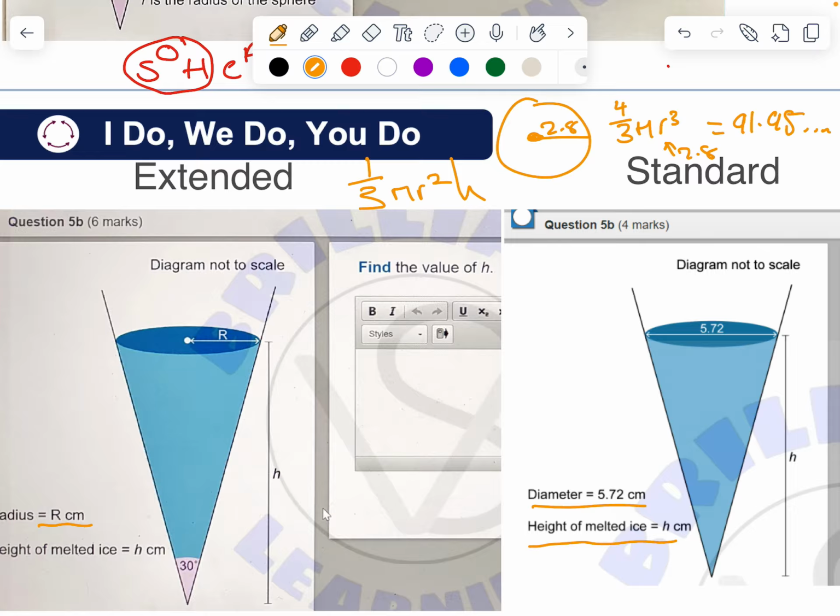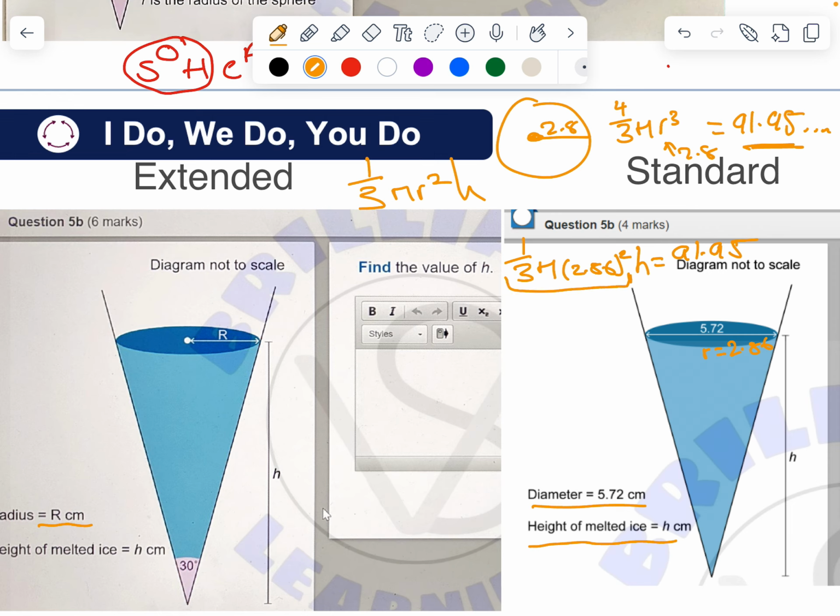If I go to the standard side, I know the radius is going to be 5.72 divided by 2, which is 2.86. So I know 1/3 pi 2.86 squared times h is 91.95 because the volume has to be the same as the sphere.